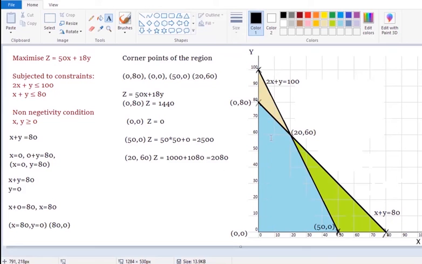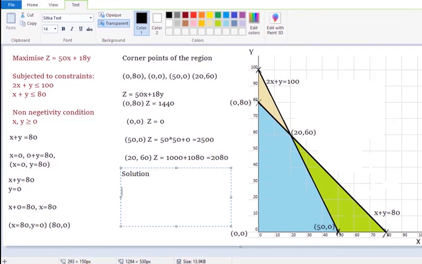The corner point 50, 0. For the corner point 50, 0, we are getting objective function value equal to 2500, is it not? So that means our solution is 50, 0. Solution is x equal to 50 and y equal to 0. So that is the solution.